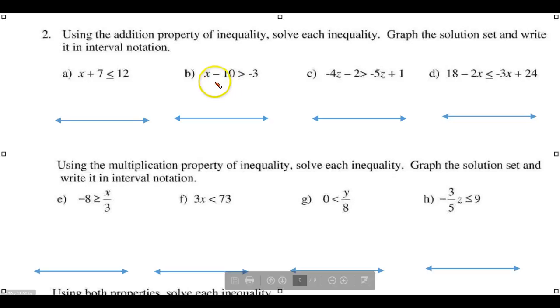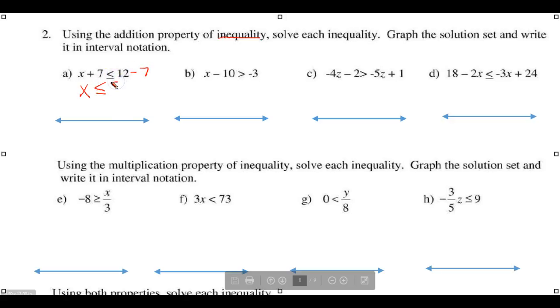Now, when we solve inequalities, we use mostly all the same techniques of solving equations. That is, we can use the transposition. Here we have x is less than or equal. Transpose the 7. It now becomes a -7 on this side.